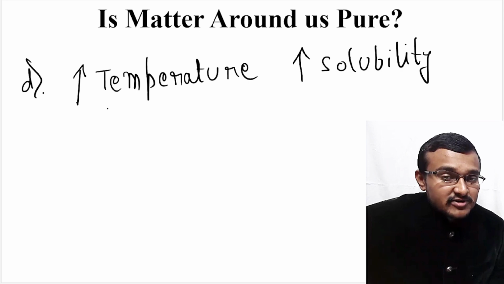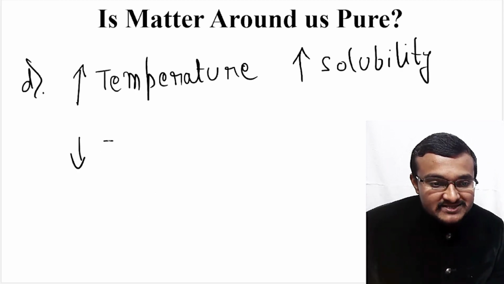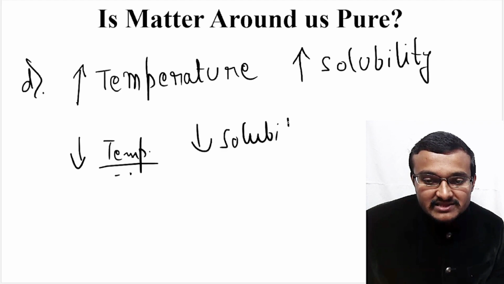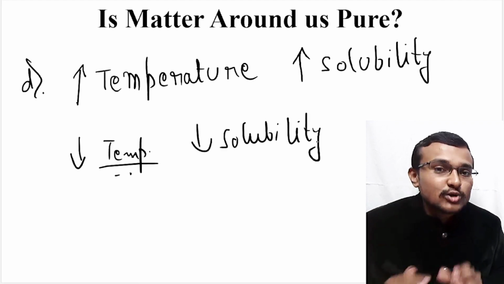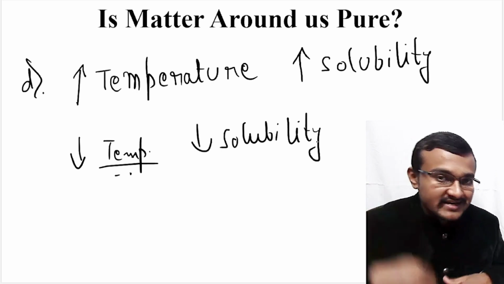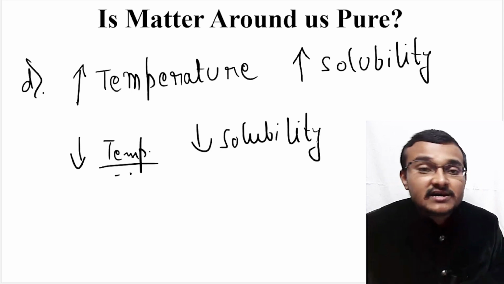If you read the table in reverse, you can notice that a decrease in temperature is also decreasing the solubility. That means solubility is directly dependent on temperature. If you increase the temperature, solubility will increase. If you decrease the temperature of the solution, solubility will decrease for that salt.